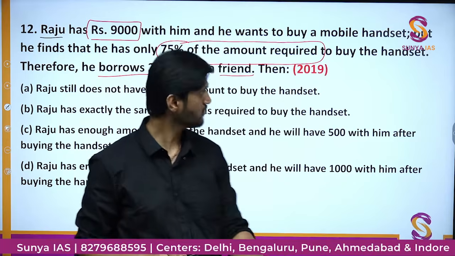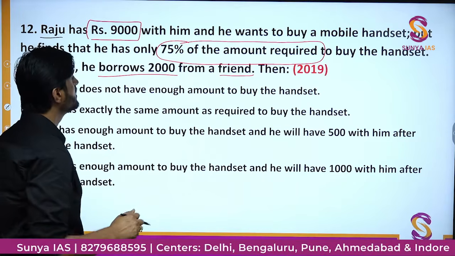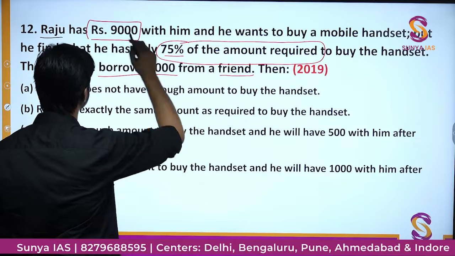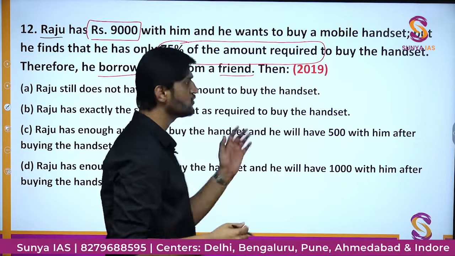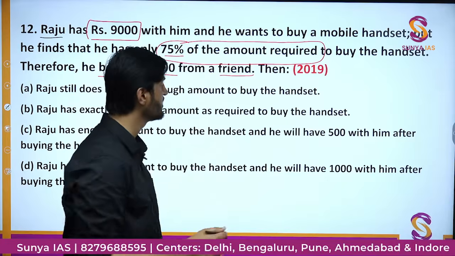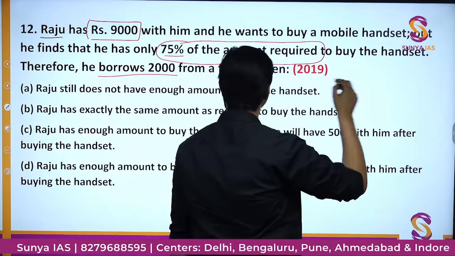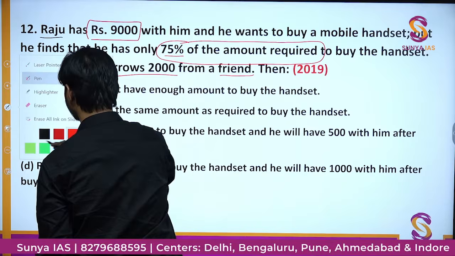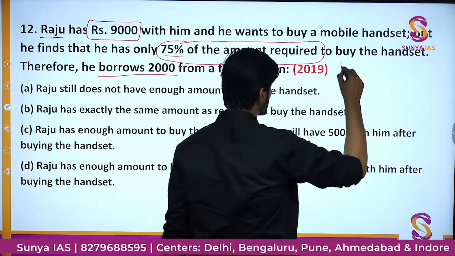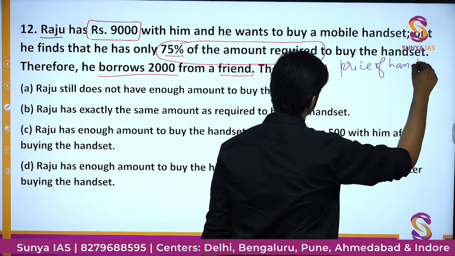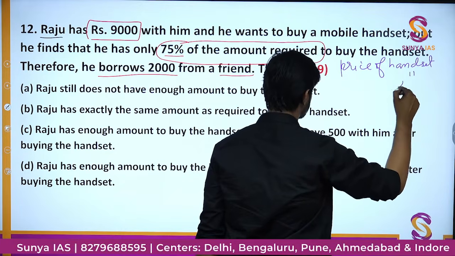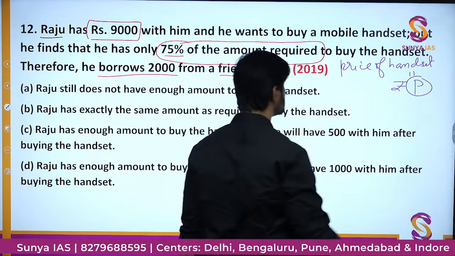Okay. So here 75% of the required amount is only the 9,000 which he has. So let us try to figure out what the amount of the handset is, what the price of the handset is. So let the price of the handset be rupees P. Right.